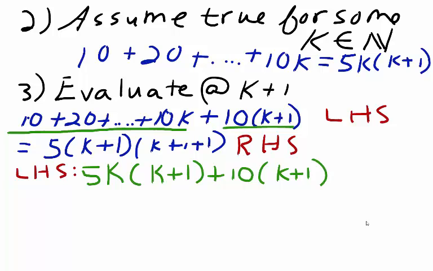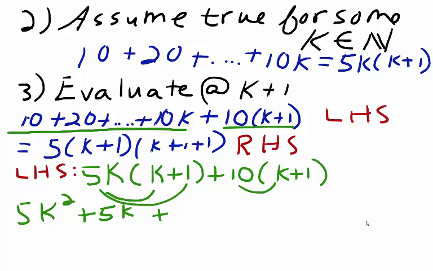We use our basic rules of algebra to simplify. Our distributive property gives us 5k squared plus 5k plus 10k plus 10.